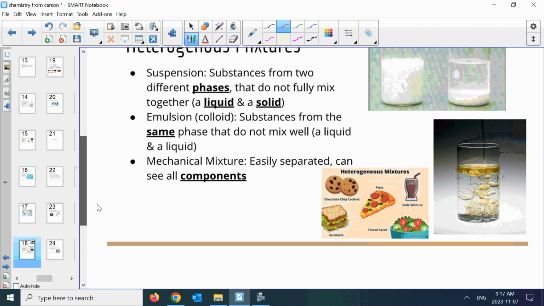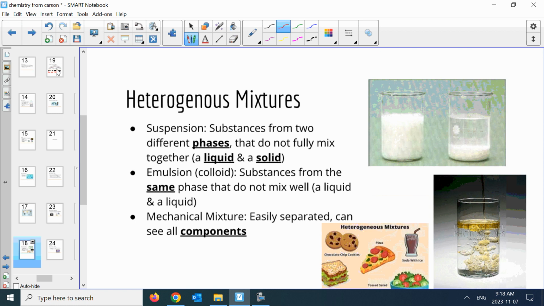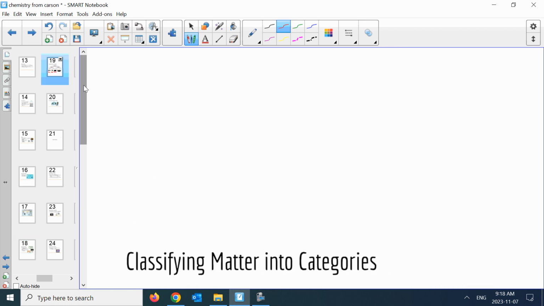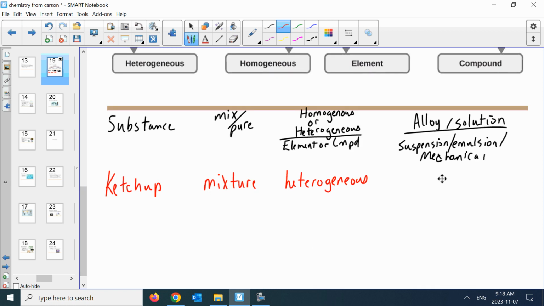Does it seem like it's two different phases? Or does it seem like it's two different liquids? I think it's phases because you could sort of see the little particles and stuff like this. So I'm going to go with, what is it called when it's two different phases?